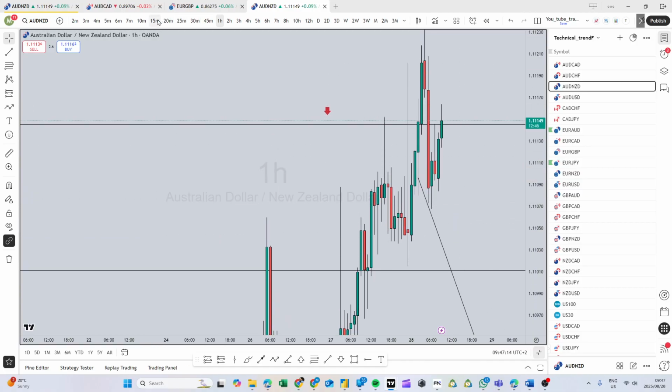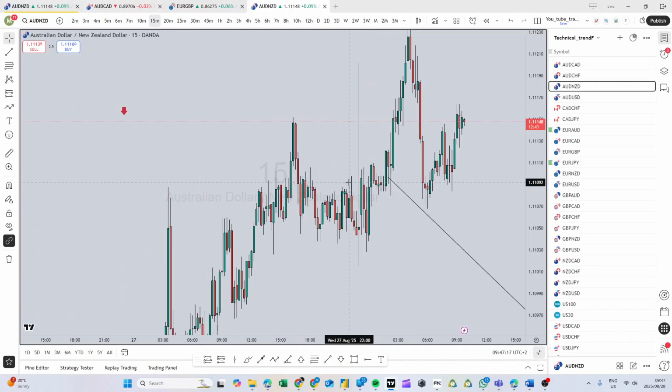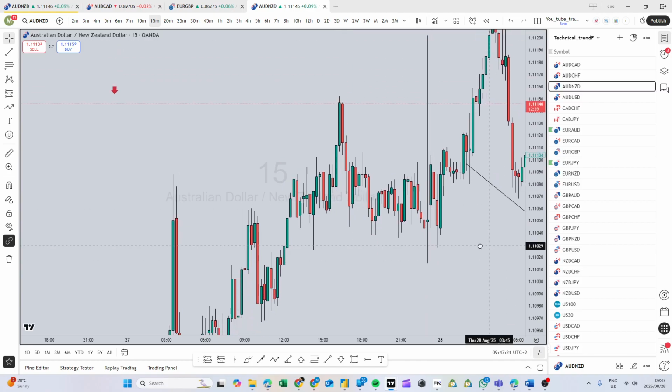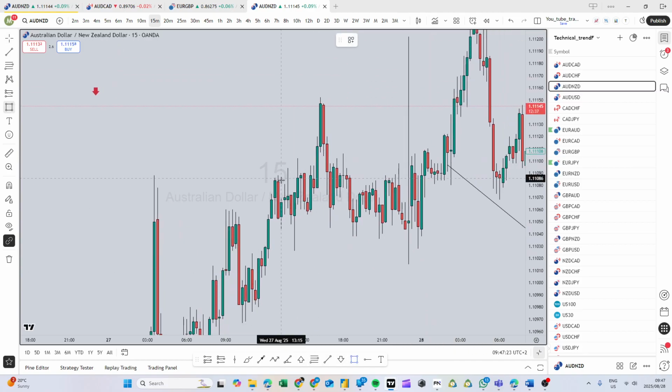Let's just go down to the 15-minute so you can see where this trade came from. We had this head and shoulders move, and I was expecting a push to the downside.